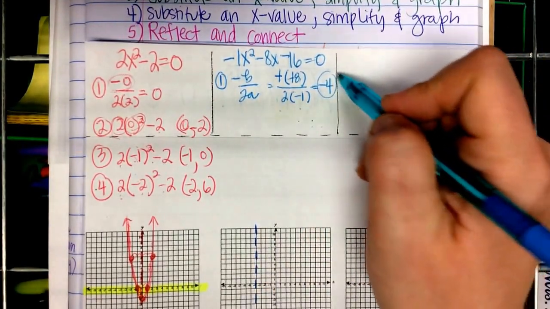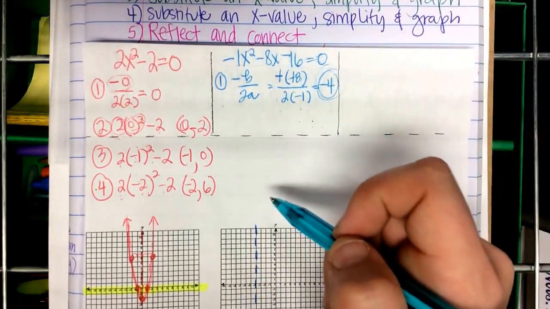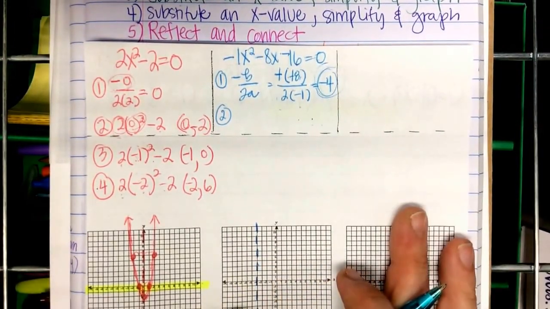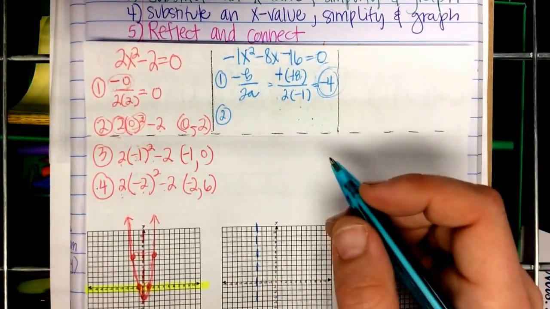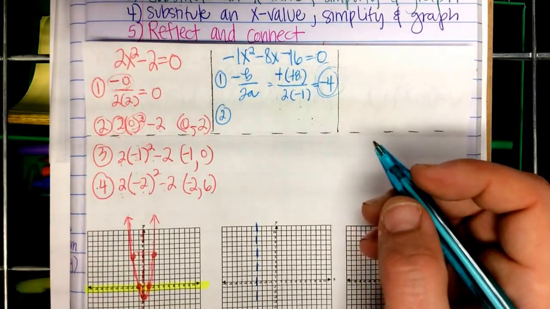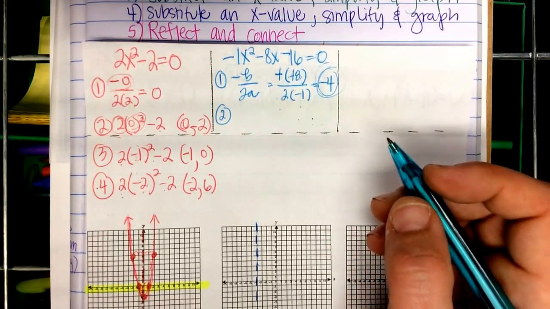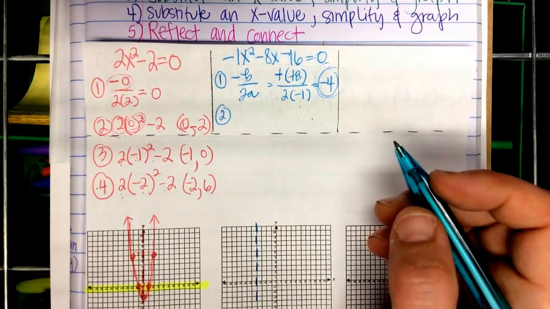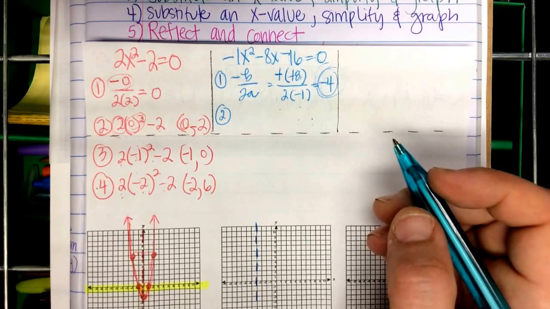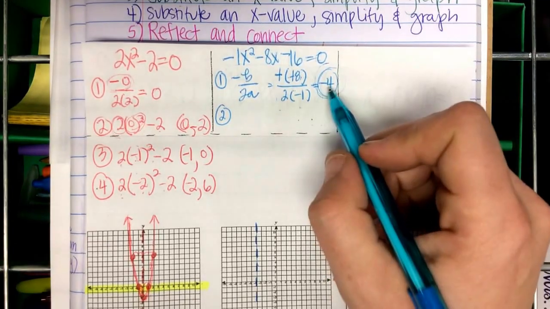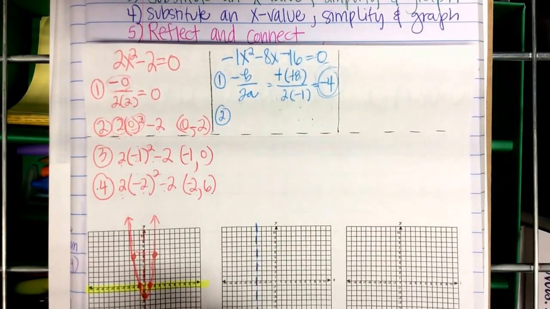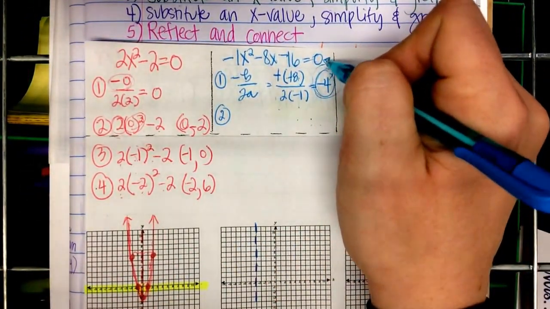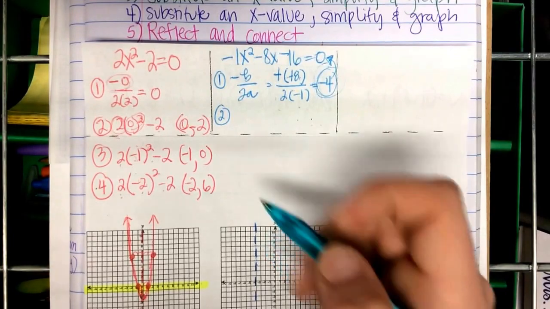All right, once we get our answer to negative b over 2a, negative 4, we move on to step number 2. What do you do with that negative 4? What's step number 2? Substitute back into the original equation.